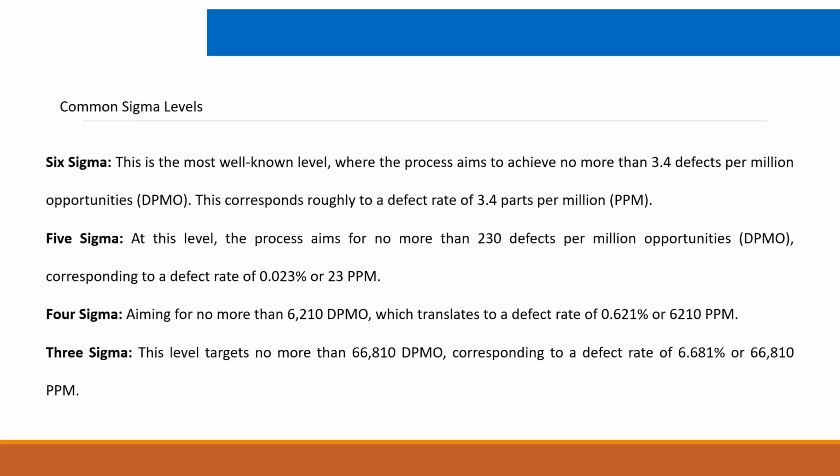Reaching 4 sigma and 5 sigma is very difficult for any organization. If some organization has reached 4 sigma, that's amazing. But we do not believe that somebody should reach 2 sigma. If some organization reaches 2 sigma, that means there's a problem.